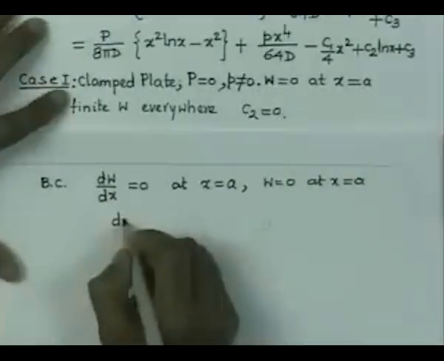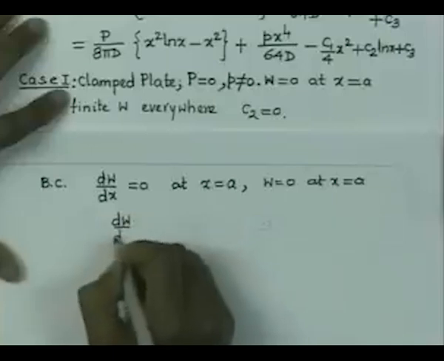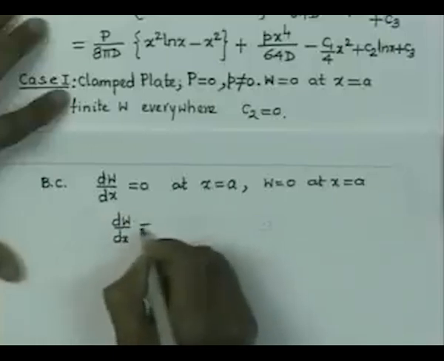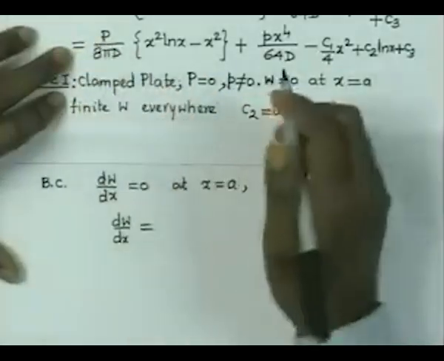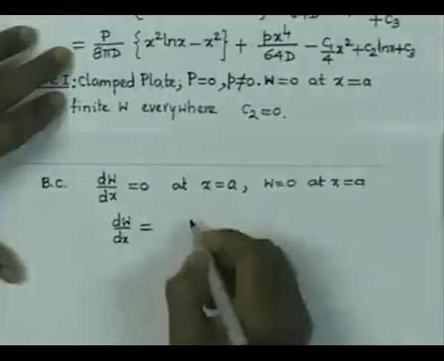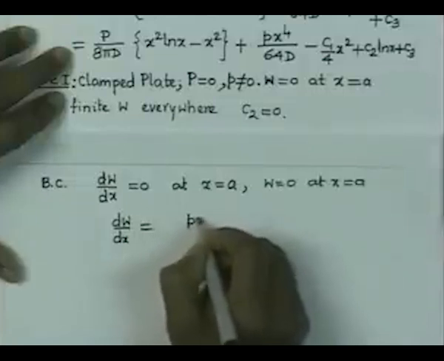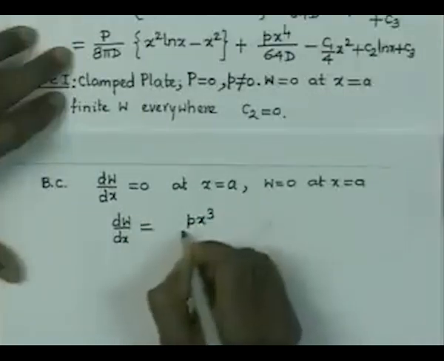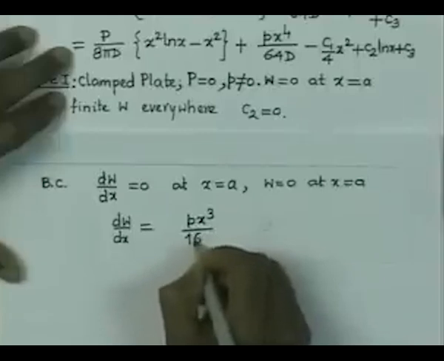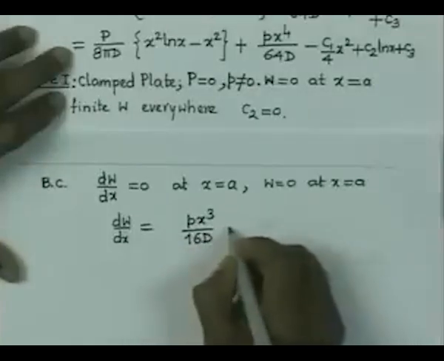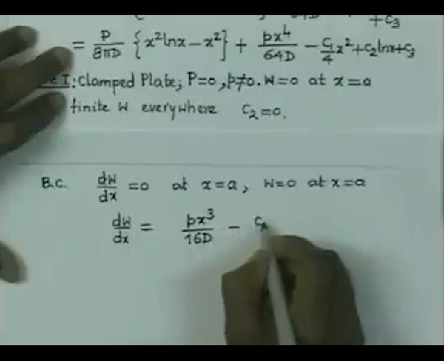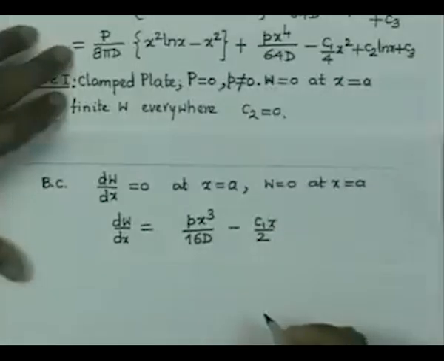So let us now write dw/dx. We have only this part of the expression because this capital P is 0. Therefore, it is going to be P x cube, the 4 will cancel, and we will have this minus C1 x by 2.